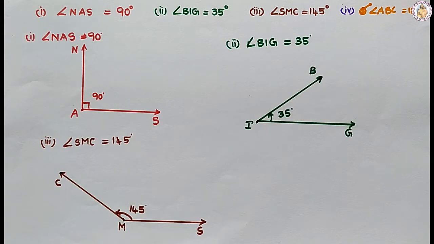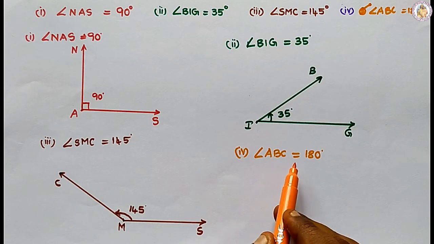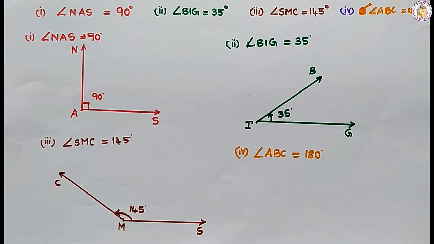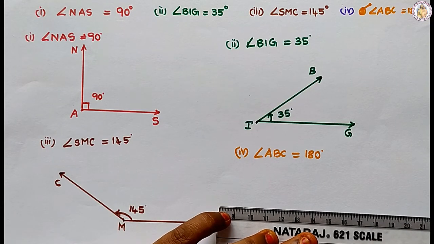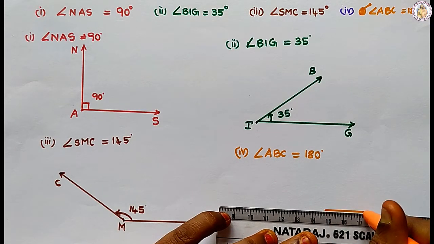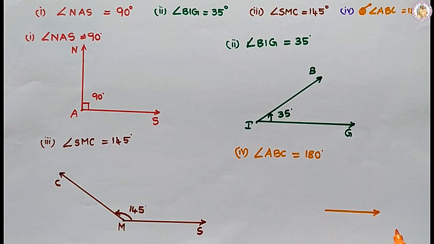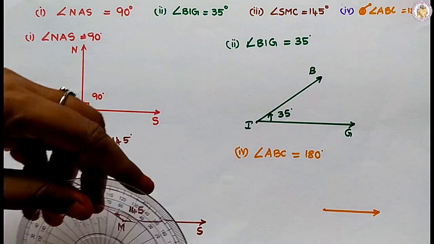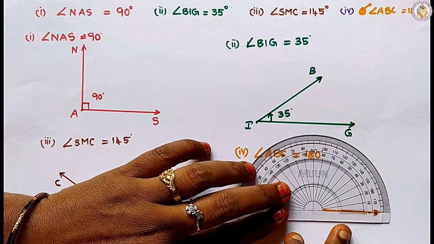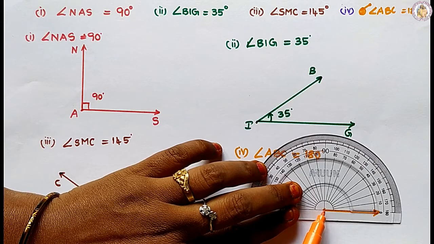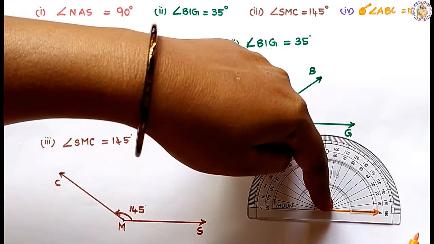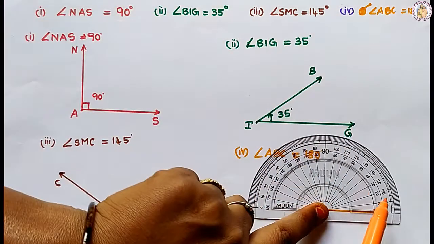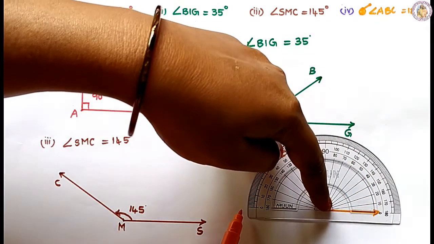Next one, angle ABC equal to 180 degrees. 180 degrees means straight angle. Draw a ray, that is the starting point. Keep the protractor, this is the center point. From that, 0 to 180: 0, 10, 20, 30, like that till 180 here.